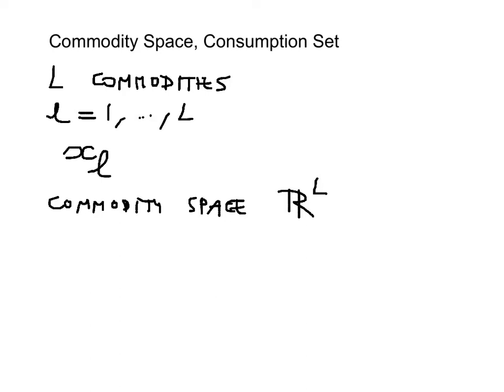And a commodity vector is going to be a list of the amounts of the different commodities. So we can simply write this vector, which is going to have L entries, all the way to x_L. And that's because we have L commodities.